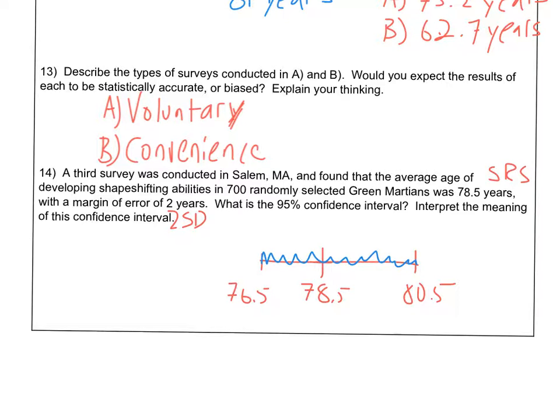So what you could say from this, so interpreting the meaning of this, would be we are 95% certain that the true value for the average age of green Martians having their shape-changing ability show up, that average age is on the interval from 76.5 to 80.5.